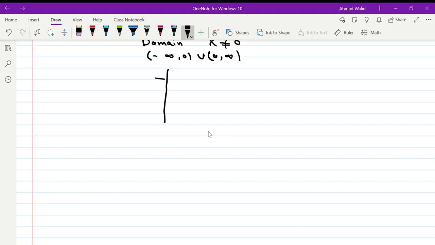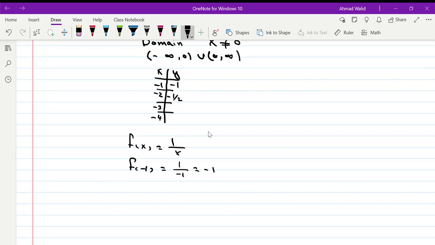Let's use some numbers from negative infinity to 0, at least 2, 3 or 4 numbers. For example, negative 1, negative 2, negative 3, negative 4. And my function is f of x equals 1 over x. If I plug in negative 1, f of negative 1 equals 1 over negative 1, which gives me negative 1. If I plug in negative 2, it gives me negative 1/2.